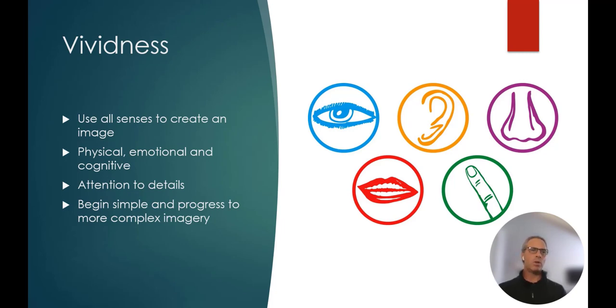As we will learn in a little bit about the theories behind this, it's the vividness often that helps us develop brain patterns that will help us manage our arousal during performance better than if we don't use imagery. Okay, so again, we want to use all the senses to create an image: physical, emotional, and cognitive.